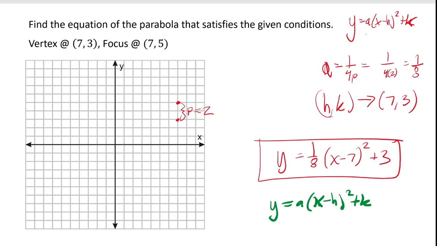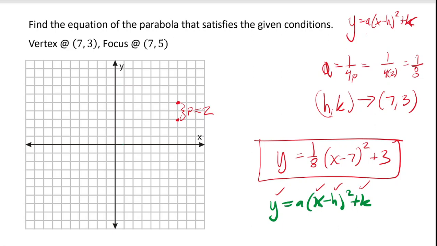Maybe you're given the vertex and a point on the parabola. That actually is enough to solve this, because if you were given the vertex, you'd have h and k, and if you were given a point, you would have x and y, because all this equation is even describing in the first place is a set of all points, x, y points that meet these criteria. So you would just be able to solve that for a and then rewrite the equation with a as the number it equals.